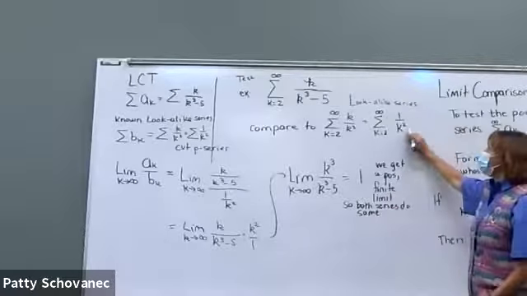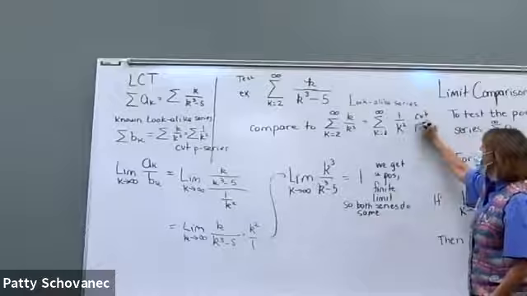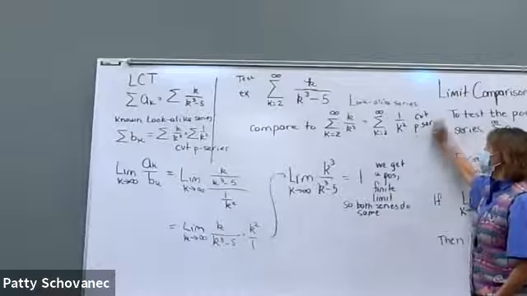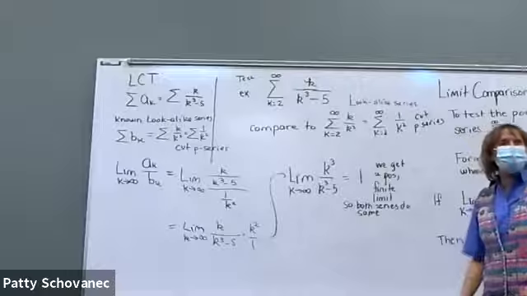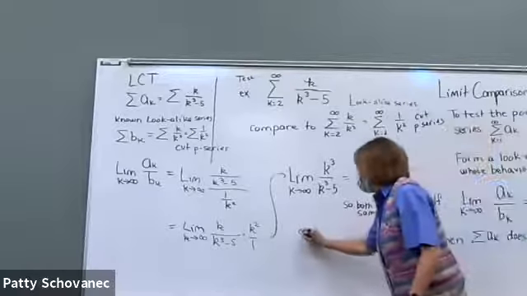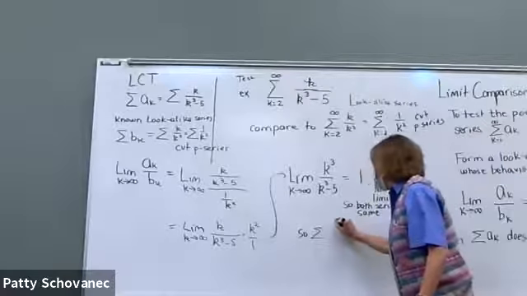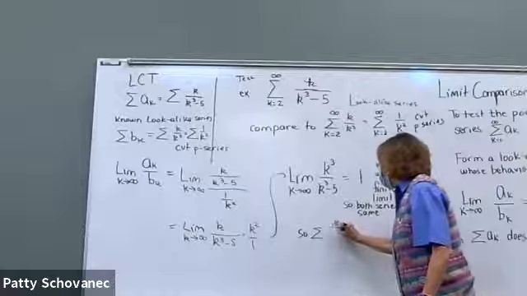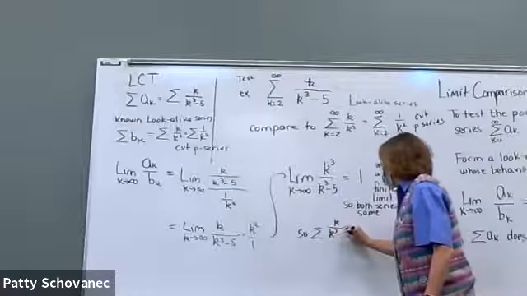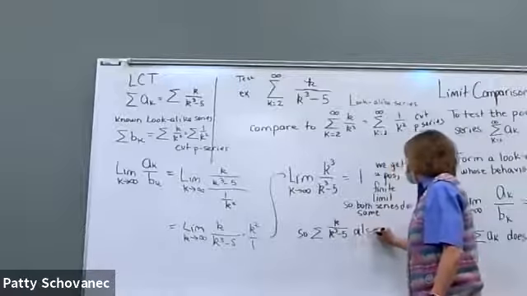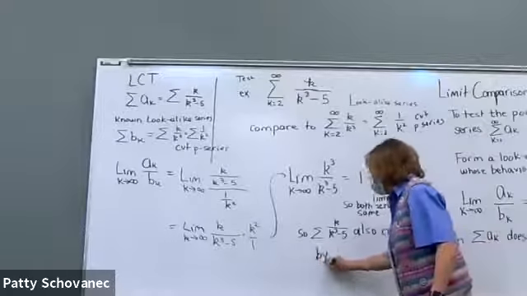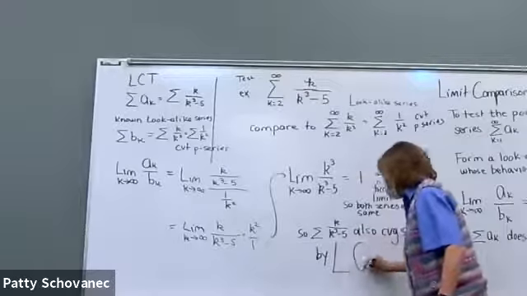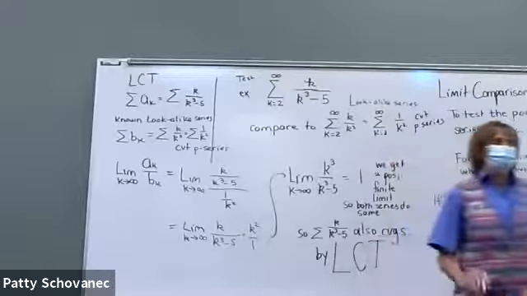Up here, we said that was a convergent P series. So my lookalike series was a convergent P series. That means my series converges. That's by the limit comparison test.